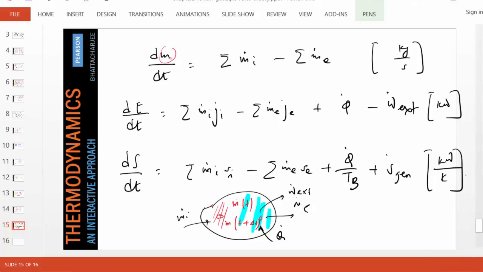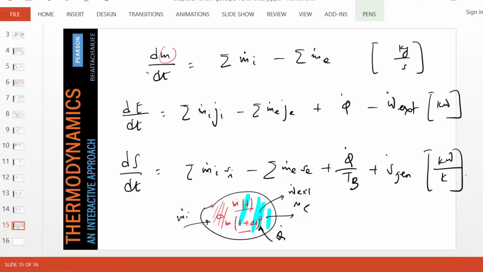That's the definition of the derivative. If the system itself is not changing, how can m at t and m at t plus delta t be different? If everything about the system is the same with time, then at every pixel the mass is the same, therefore the entire system mass cannot change. Same with energy, same with entropy.